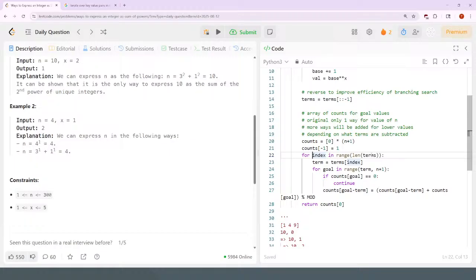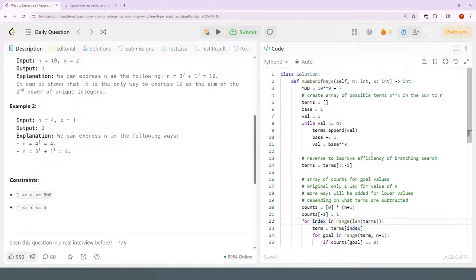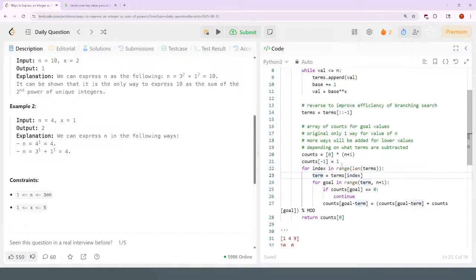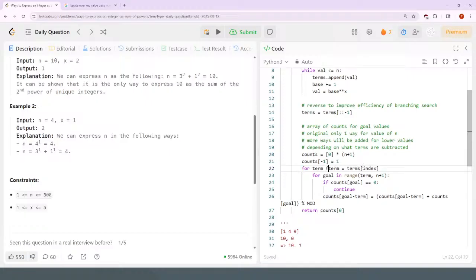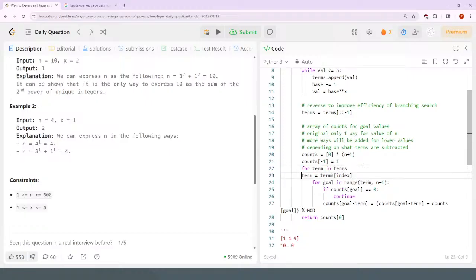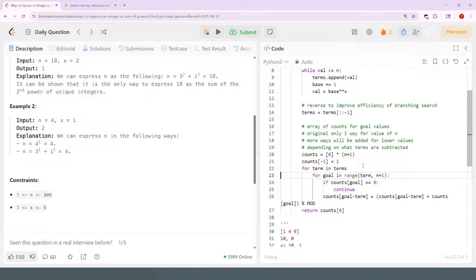For every index and the length of terms. Yeah, terms. Okay, I can iterate over terms here rather than the index. So for every term in terms, the goal is the index in the counts array, and it can't be smaller than term.